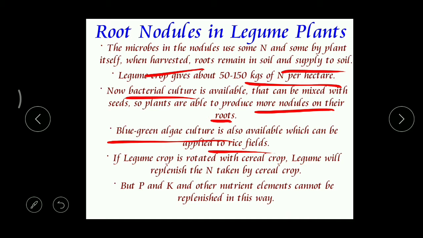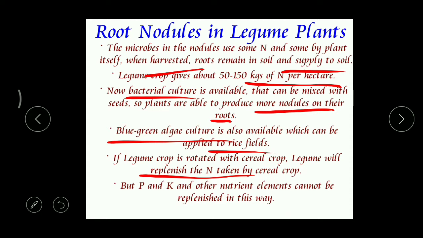So here, if a legume crop is rotated with a cereal crop, that is crop rotation. Say for example, we grow one cereal crop, and then again a legume crop, like this. Then what happens? This legume will replenish the nitrogen taken up by the cereal crop. Already we discussed that when any crop is growing in the soil, that crop will use up some amount of salts from the soil.